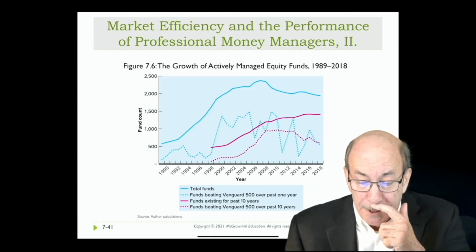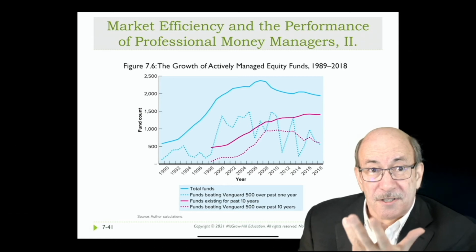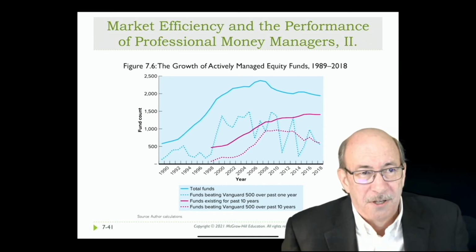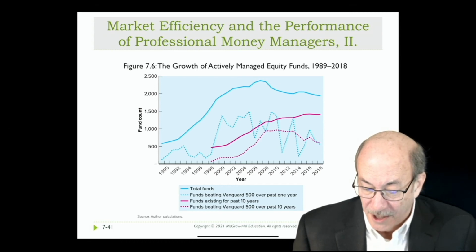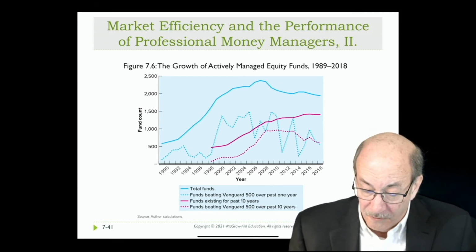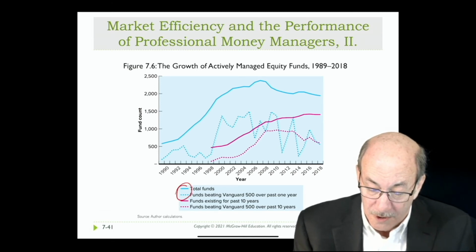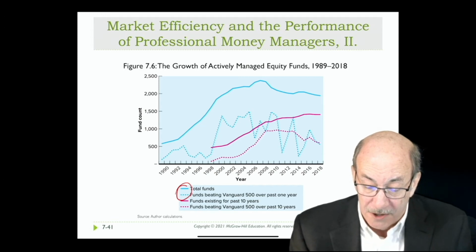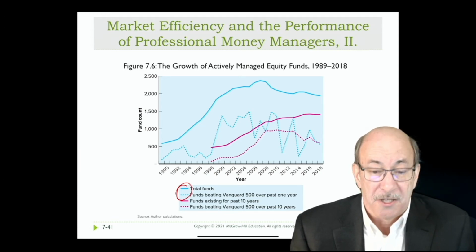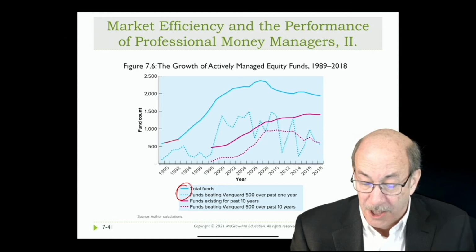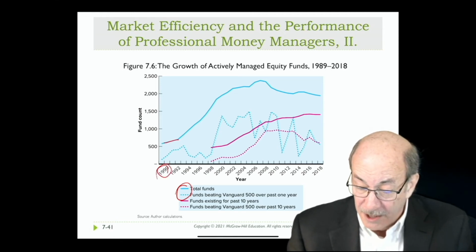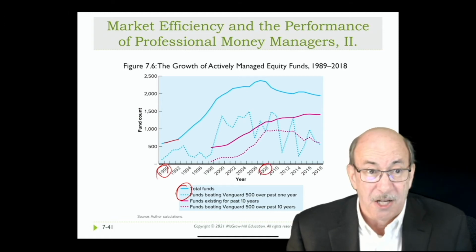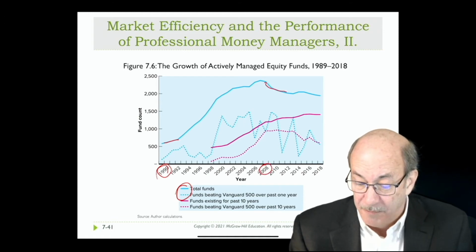Here's another, again, ocular statistics. Always be wary of this, but let's dig into it a little bit and see what it can tell us. Here in the blue, we're looking at total funds on a year-by-year basis. This dark blue line, you can see, from the 90s, peaked right before the financial crisis, saw a bit of a dip.